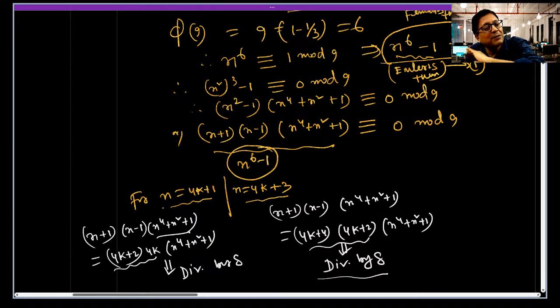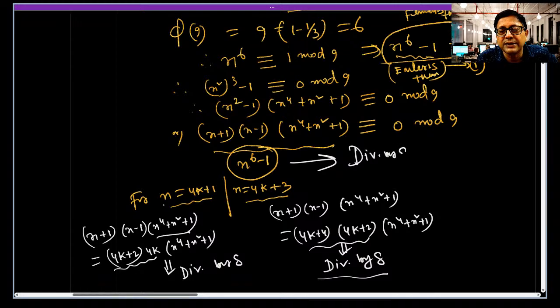So all prime numbers are of the form either 4k plus 1 or 4k plus 3. We have done it before. So if it is true for 4k plus 1, the number is divisible by 8, and for 4k plus 3 also, then this thing is divisible by 8.